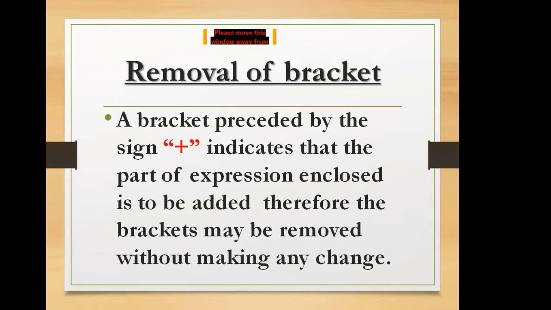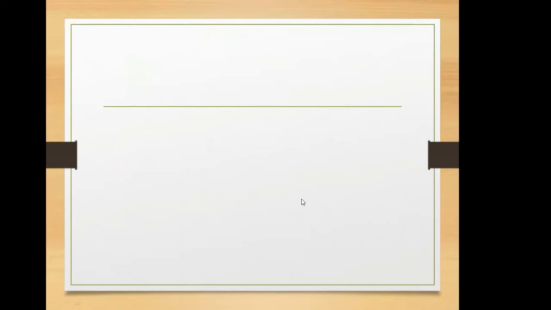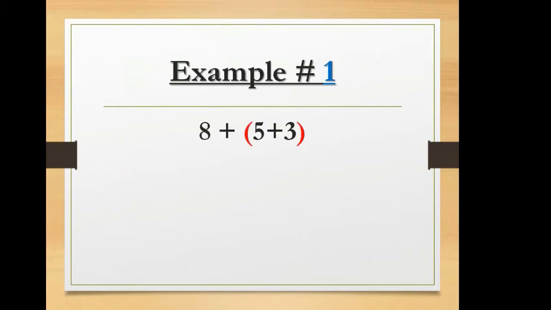When we have a positive sign, this plus, outside of any bracket, there is no change inside the bracket. How? Let's check this example. Example number 1: 8 plus small bracket 5 plus 3.